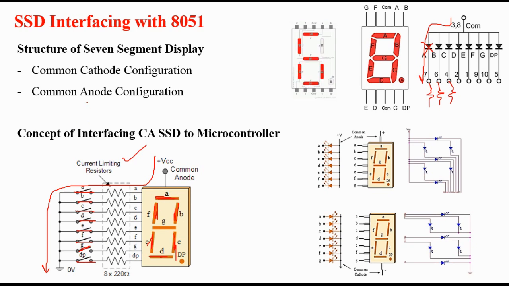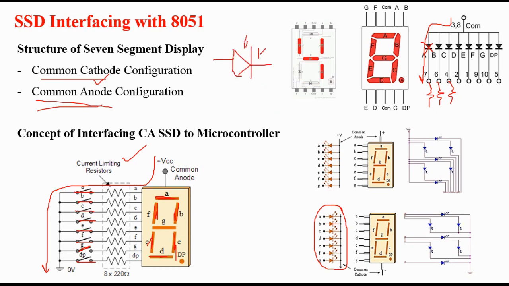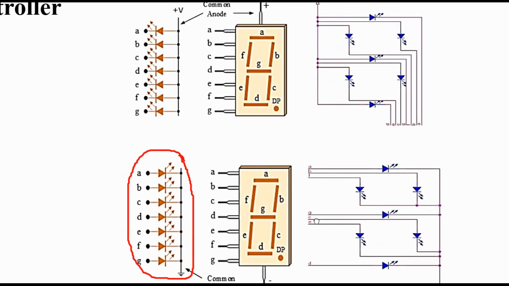Just like common anode configuration, we have common cathode configuration. In common cathode configuration you can see here, the cathode is common, means this part is common to all. Here I will zoom in.